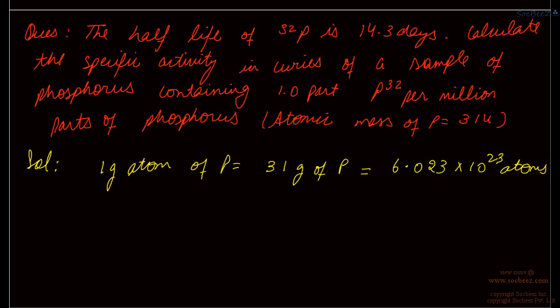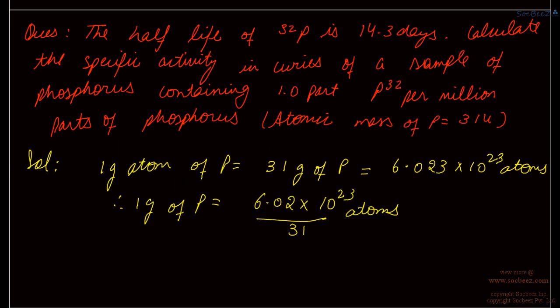We know this from the mole concept. Therefore 1 gram of phosphorus equals 6.02 into 10 raised to power 23 upon 31 atoms. Hence in 1 gram of phosphorus, this many atoms are present.